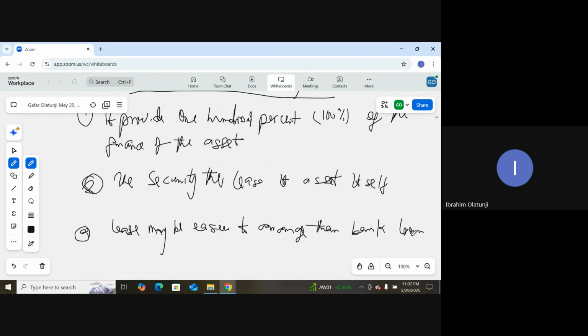Hope it's clear. Yes. Because for a bank loan, they can be telling you that you have to meet this, you have to meet that, you have to provide security, collateral security. But for lease it is easier to arrange, because we've already explained that the security you are using for lease is that asset itself. Do you get my point?